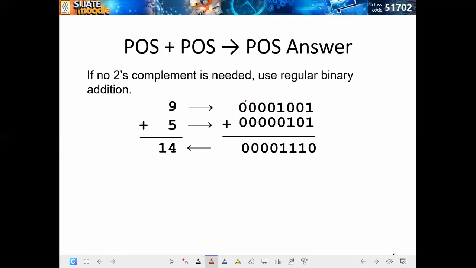Let's look at this one. 110, 1 is carried forward. Then 1001, 011, 101, then 000, 000, 000.